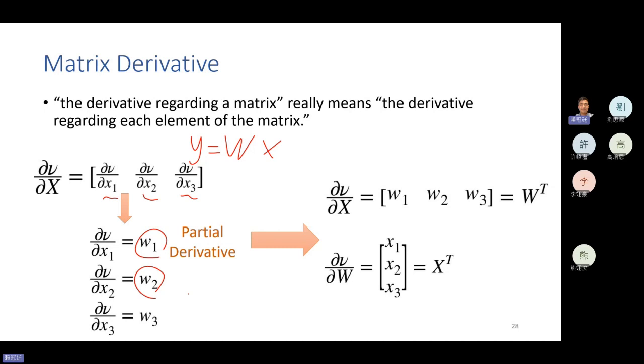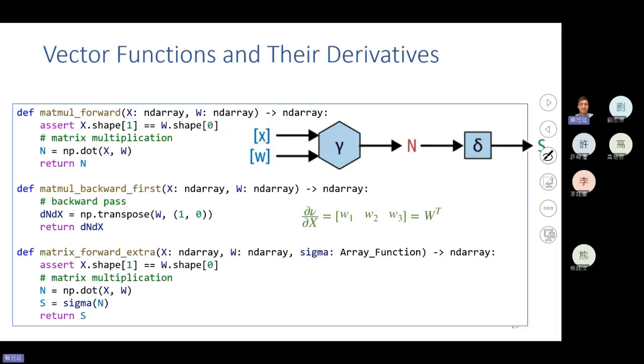And finally, you can see that dy dx will become the weight vector. So it's very similar to the single variable case, right? That's why we can comfortably use a vector to represent our data and then calculate the result.